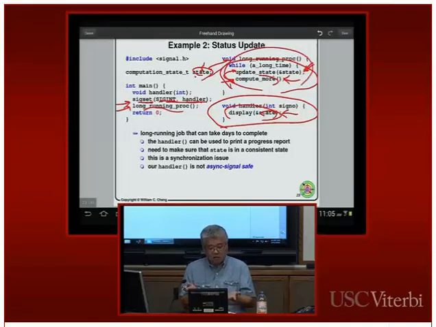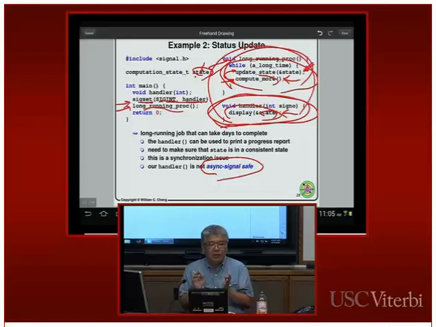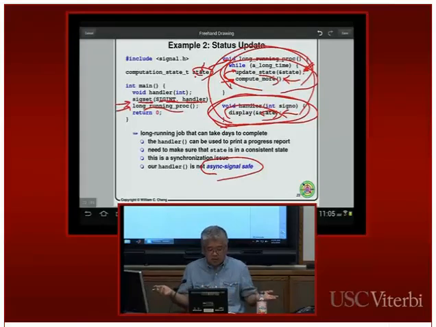So what's wrong with this code? The code over here is not safe with respect to the delivery of an asynchronous signal. The signal is asynchronous because the user can press Control-C anytime, and you have no control of it.